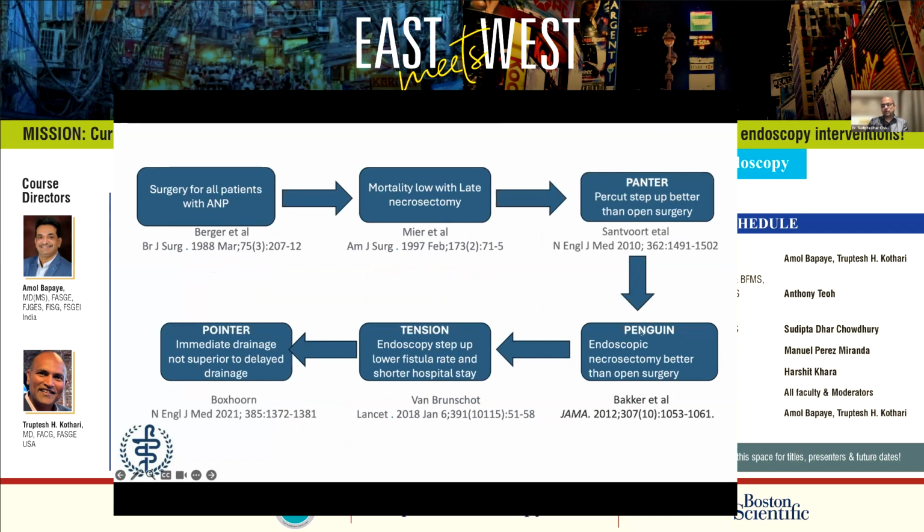Then they published the PENGUIN trial in 2012, showing that endoscopic necrosectomy is probably better than open surgery. Then came the TENSION trial, which showed that the endoscopic step-up approach had a lower fistula rate and shorter hospital stay. Ultimately, we came back to saying that we don't need to do immediate drainage, and delayed drainage is good enough, allowing the wall to mature. So you can see a whole paradigm shift from surgery to endoscopy for management of peripancreatic fluid collections.